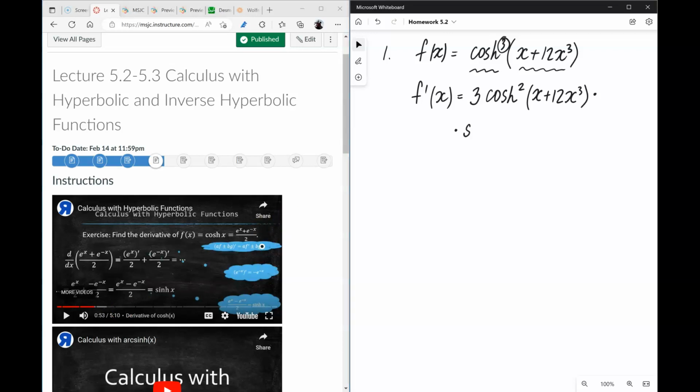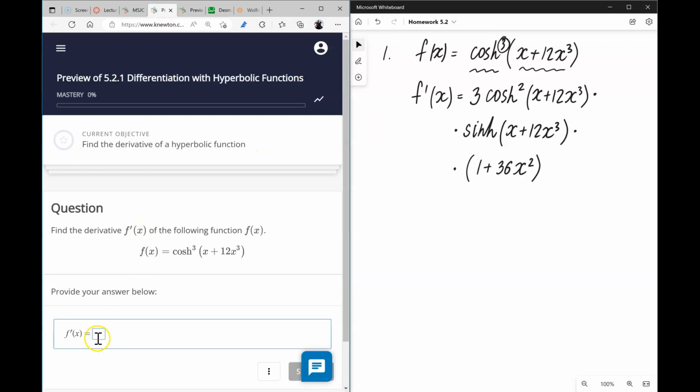So we're going to multiply by the hyperbolic sine, but keep that polynomial as the input. In the last step of the chain rule, we multiply everything by the derivative of the innermost function, which is a polynomial. So it's going to be 1 plus 36x squared. This is just a simple application of the chain rule.